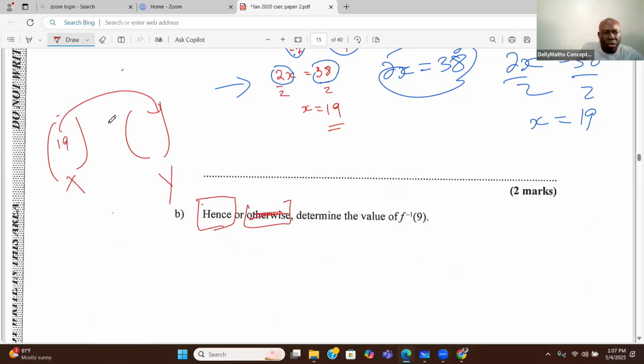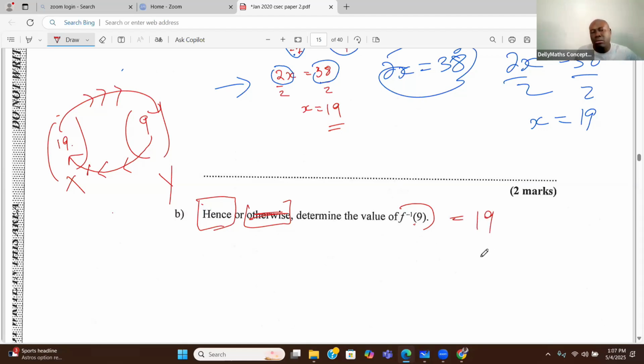So if 19 comes in and gives 9, the inverse of 9 means that you go back to where it came from. That's what inverse means. It's like a rotation. So if 19 produces 9, the inverse of 9 produces back 19. They produce each other. So the answer is 19.